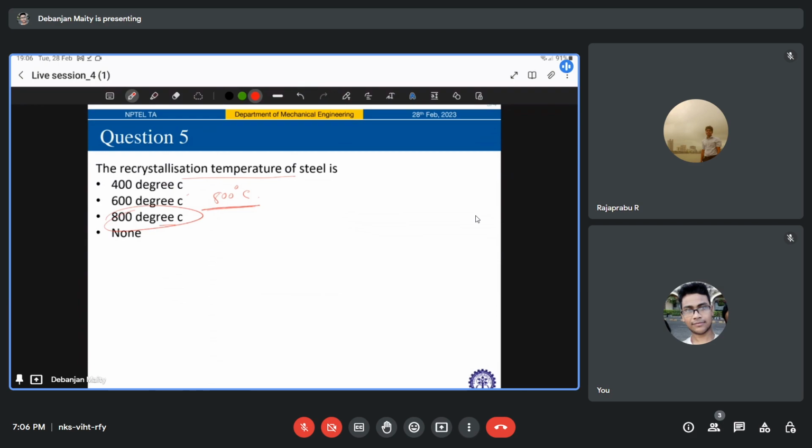If you draw a graph for better visualization, this is your average grain diameter, in mm. This can be in micron also. And then you have, let's say, this is your tensile strength, in megapascal.